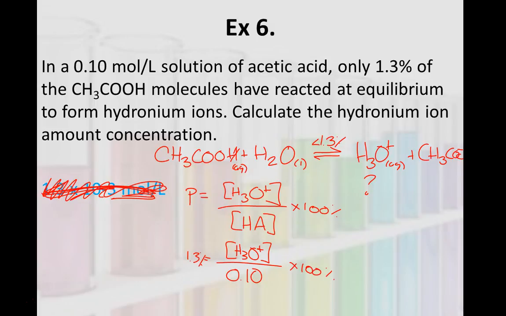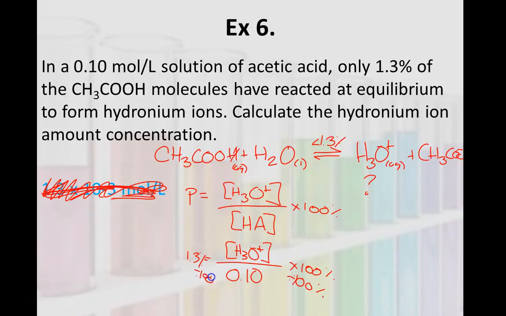So then, mathematically, to get this to work, the first thing you should do is what? Divide by 100%. Yeah, we want to get rid of that percentage first. Usually we would change this to a decimal. So divide by 100%.